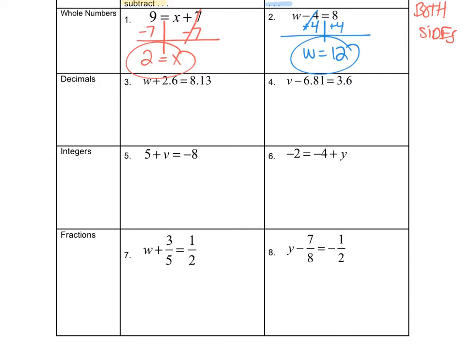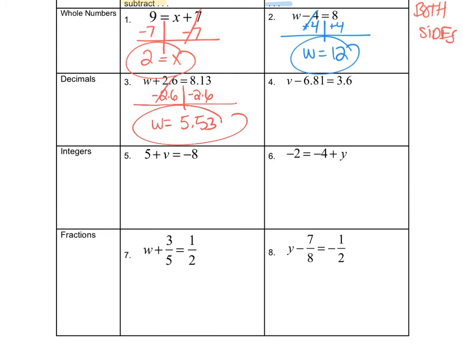So in this one, we have w plus 2.6 is equal to 8.13. So since it's being added by 2.6, we're going to subtract 2.6 from both sides. So you have w equals, and then 8.13 minus 2.6 comes out to be 5.53, and that would be our final answer there.